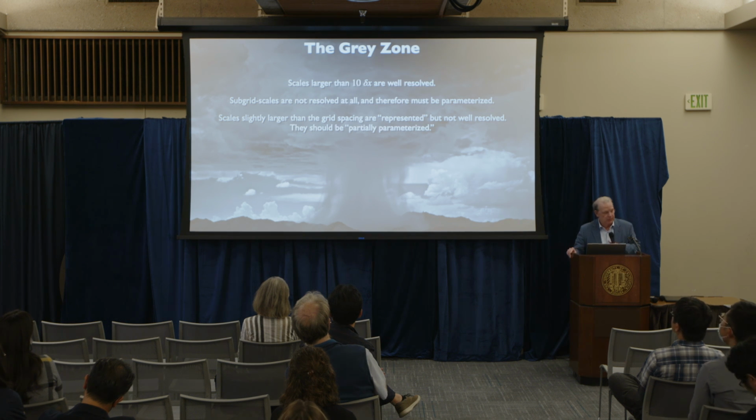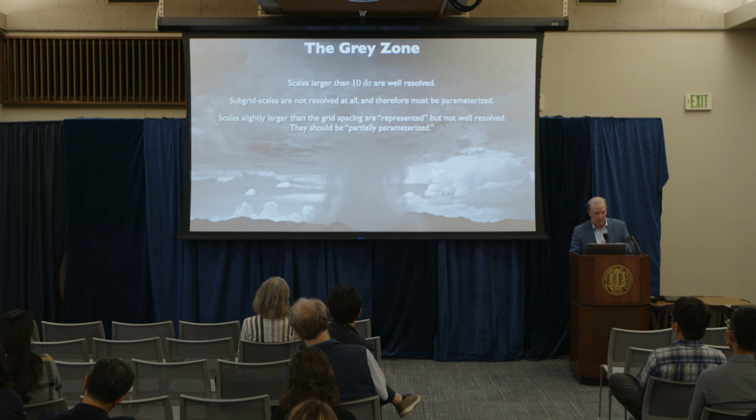This brings up the subject of the gray zone. I think this term was used earlier today, and people talked a little bit about scale-aware parameterizations. So the issue is with scales larger than about 10 delta x, where delta x is the horizontal grid spacing, scales larger than about 10 delta x are reasonably well resolved.